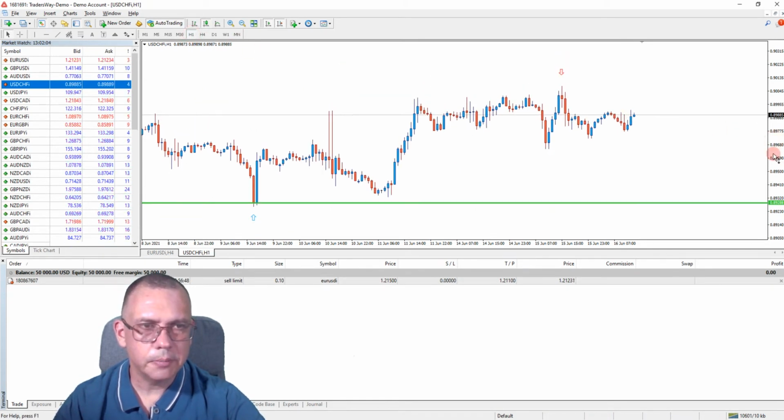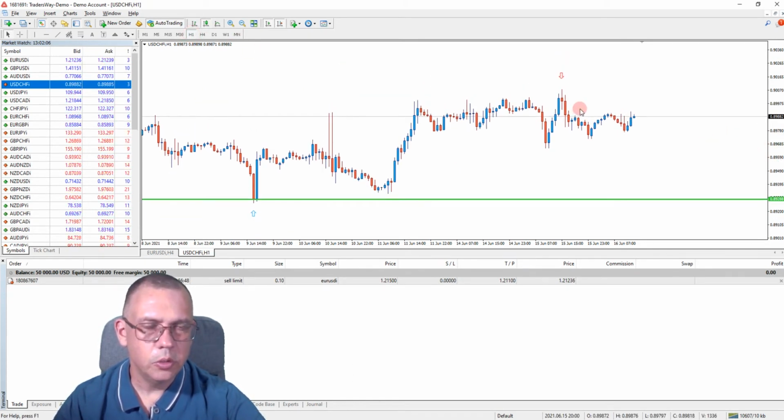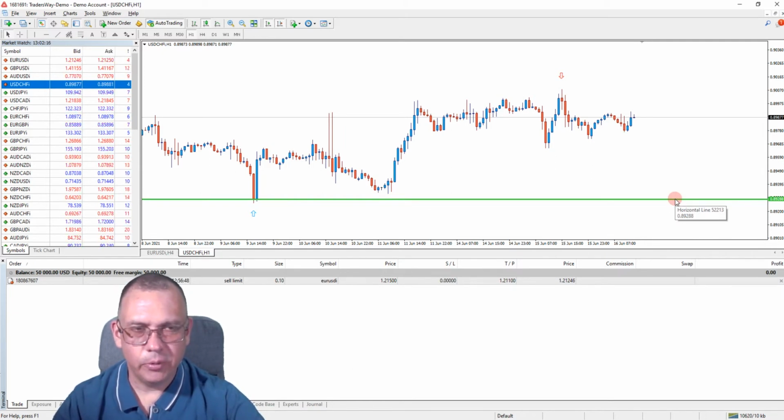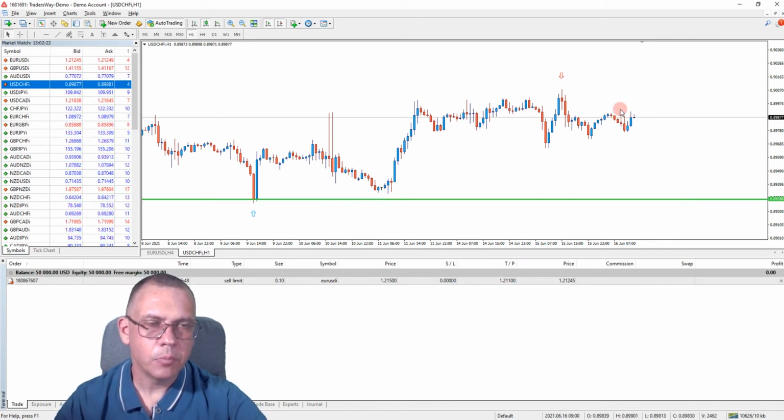The 1 hour shows to drop. I would like to see this price drop and touch this green line. I don't know if it will, because the US dollar is picking up pace. The US dollar is trying to get stronger right now, so to me it's kind of unlikely.